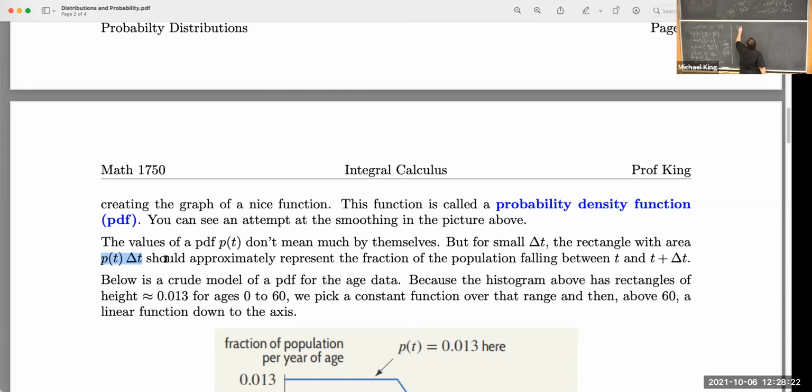So, probability density functions. PDF, PDFs.